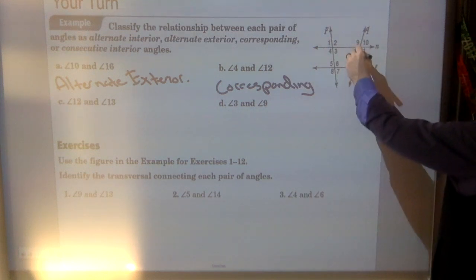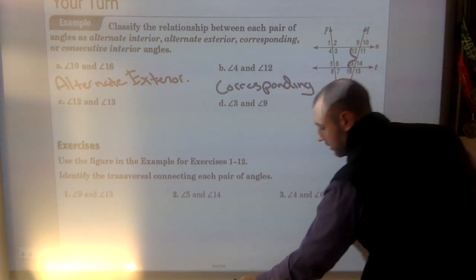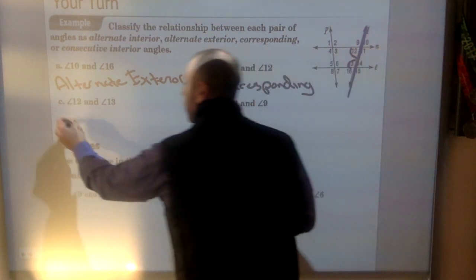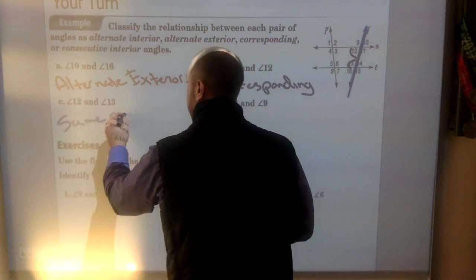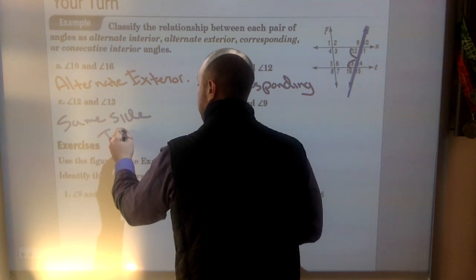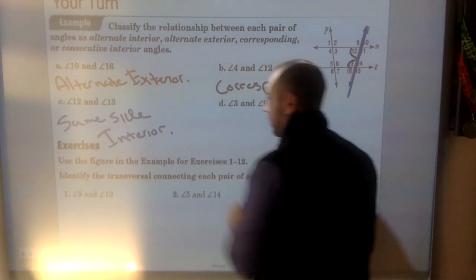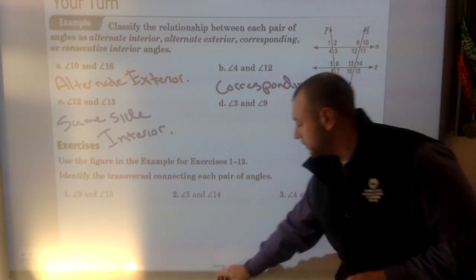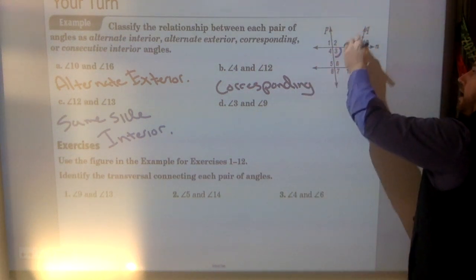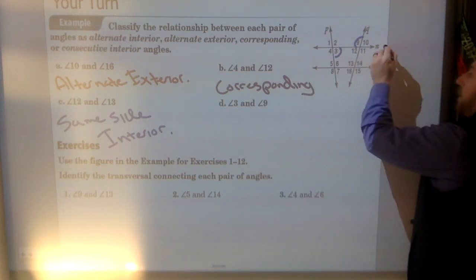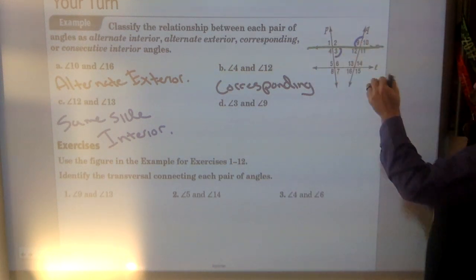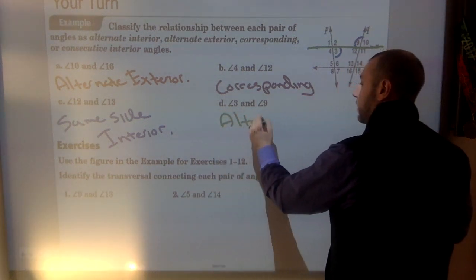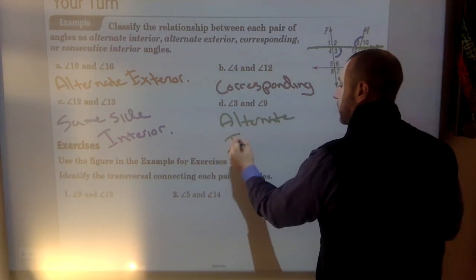I have 12 and 13 that are connected by this, so they are called same side interior. And then the last one, 3 and 9 are connected by this line, opposite sides, but between the other two lines. So these are alternate interior.